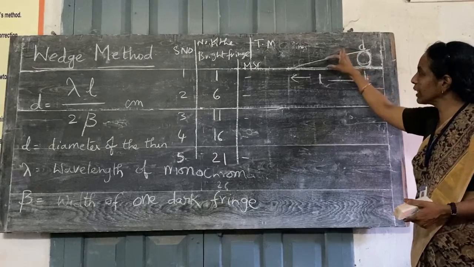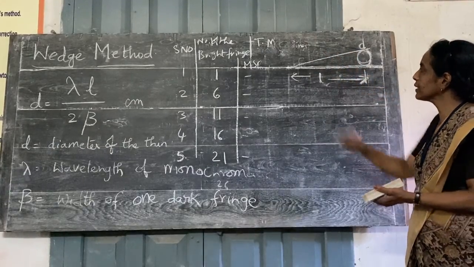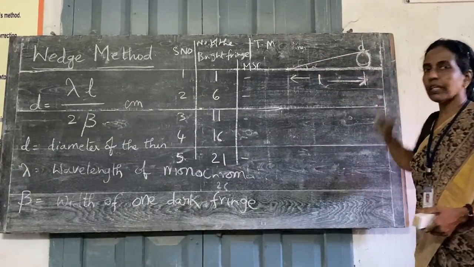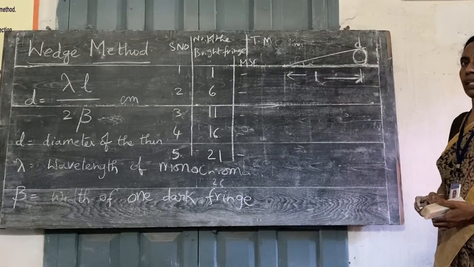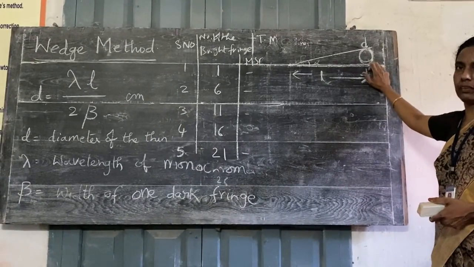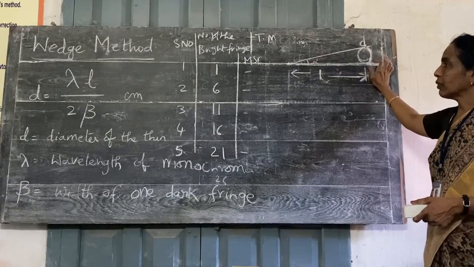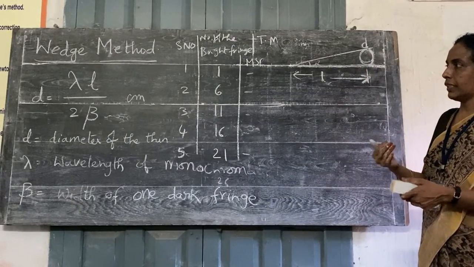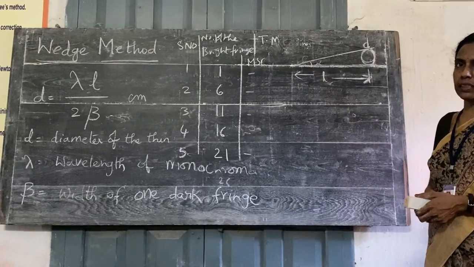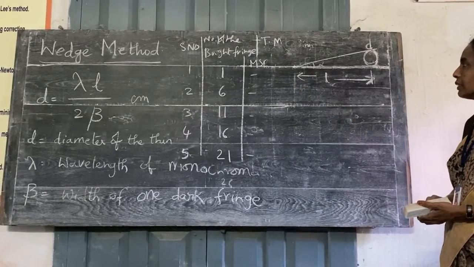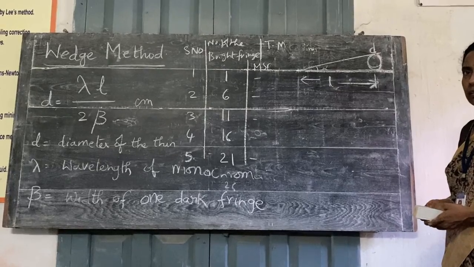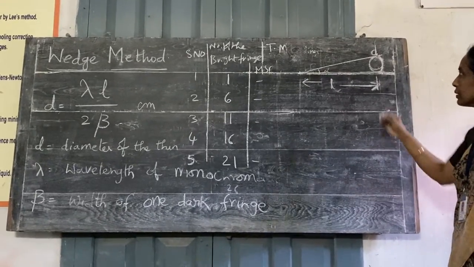This is a very small angle, alpha. Why? Because the wire is very thin, D is very small. So how do we measure the L value? By using a scale or measuring instrument.